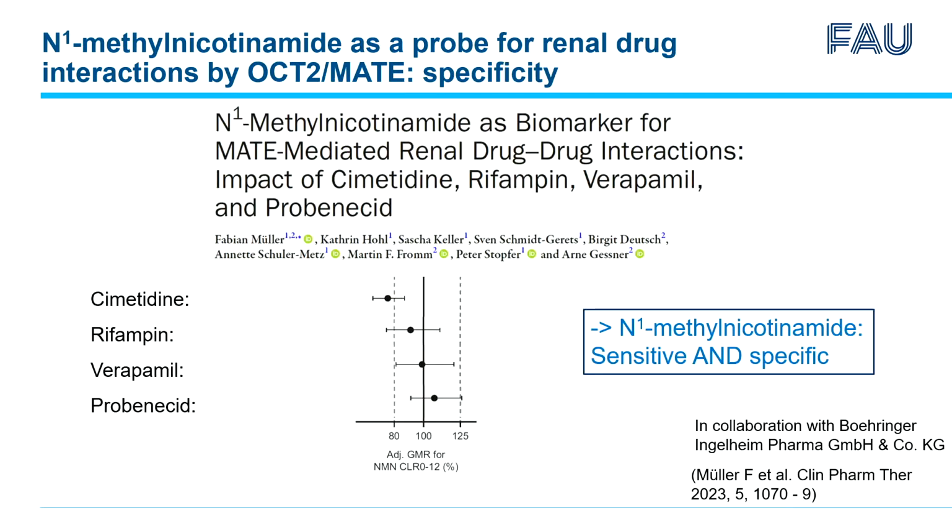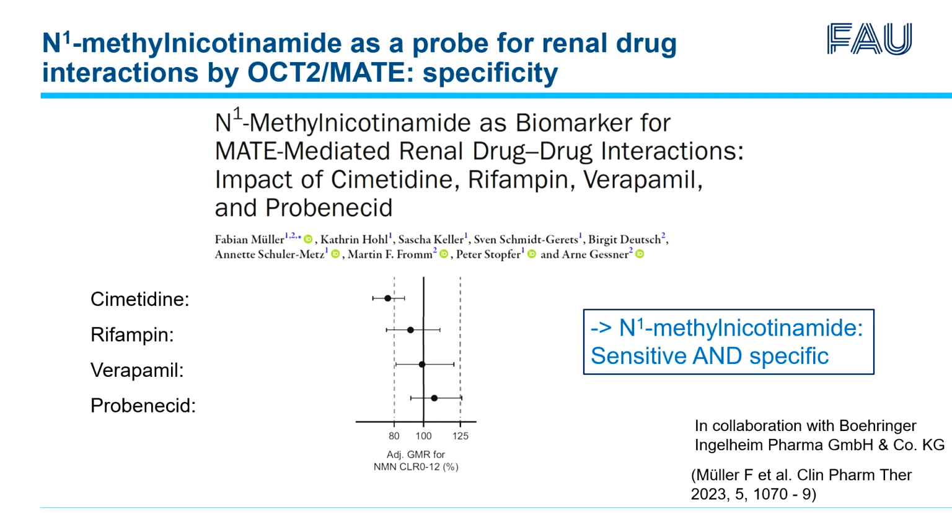So switching from sensitivity now to specificity, we used a collaboration with Boehringer Ingelheim. As you know, Boehringer colleagues conducted cocktail studies where they try to identify drug transporter substrates, and they combined them in a cocktail and used respective perpetrator drugs, looking at how the cocktail drugs react to the respective perpetrator drugs.